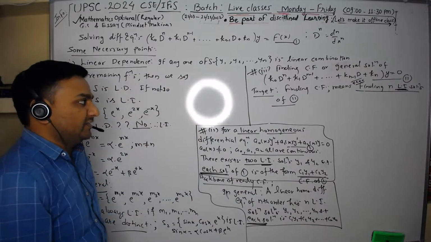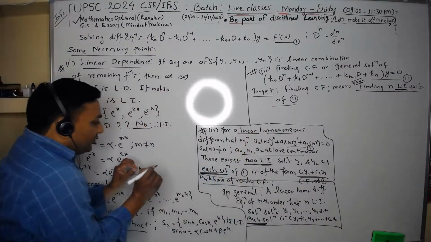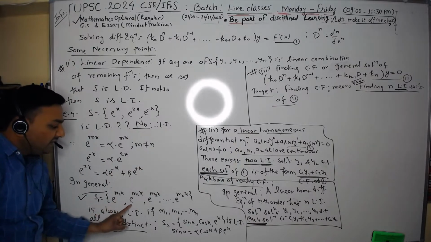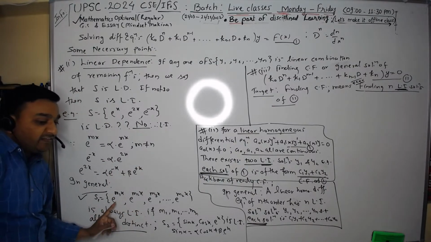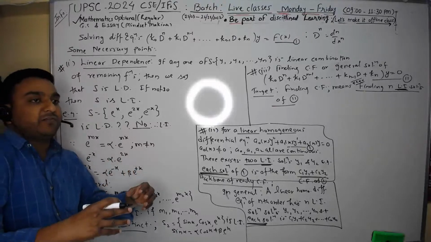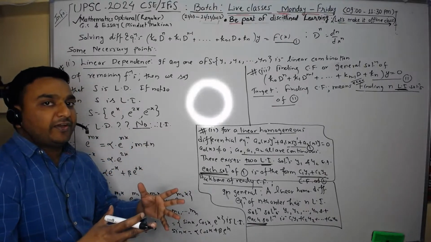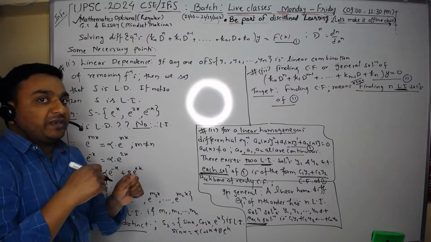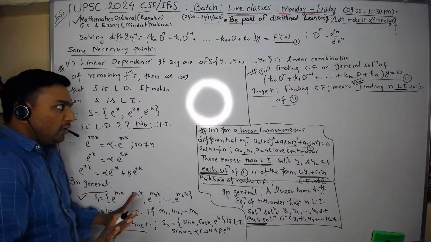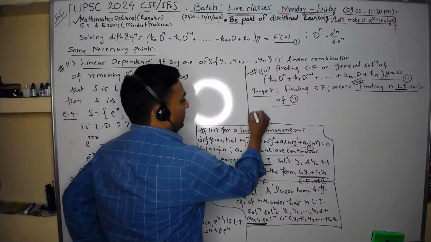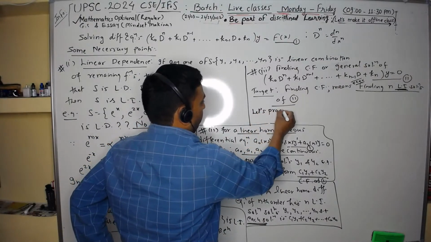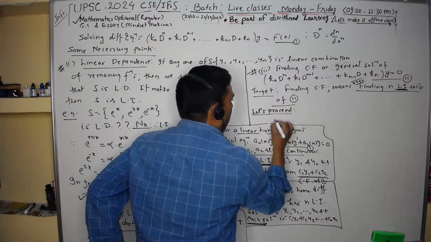From here onwards, checking LI or LD is always easy here as compared to some logarithmic or trigonometric functions. Nobody stopped you from going with trigonometric functions; you can go. Let's proceed. What do I do now?